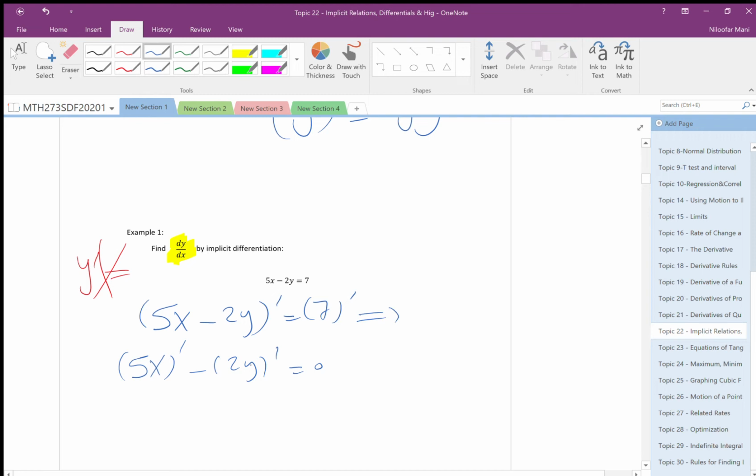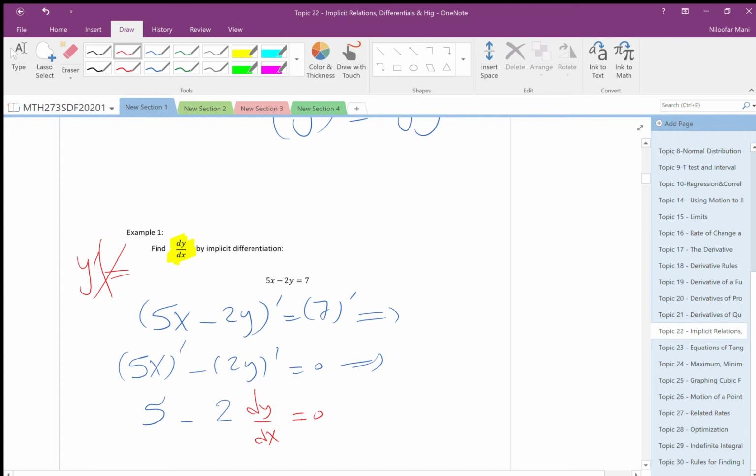The next step, 5 minus 2 dy over dx, right? So wherever you want to substitute y prime, put dy over dx. If I ask for dy over dx, equals 0, right?